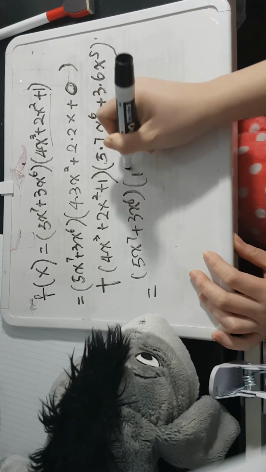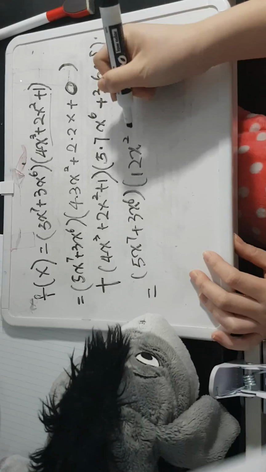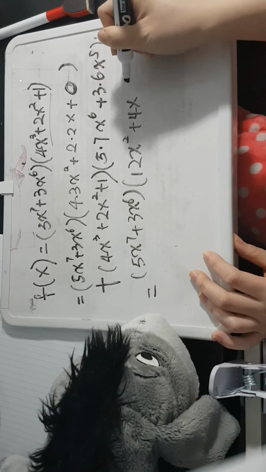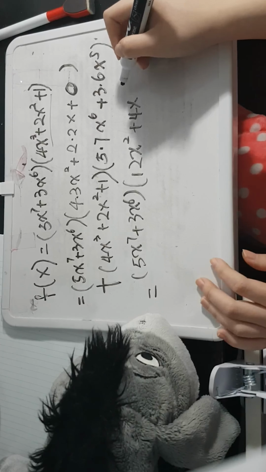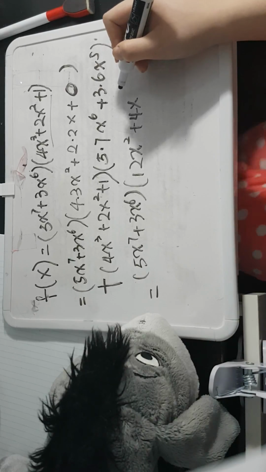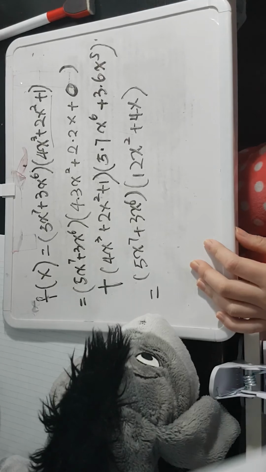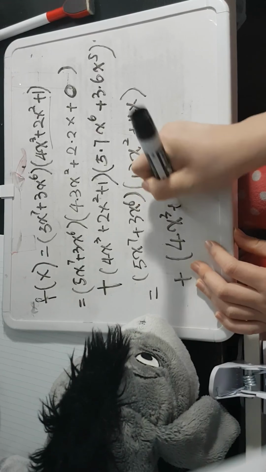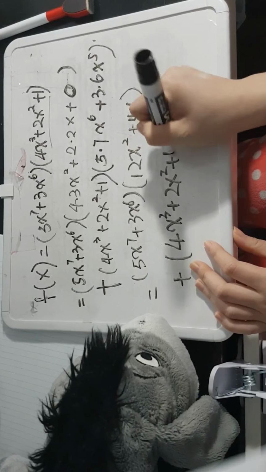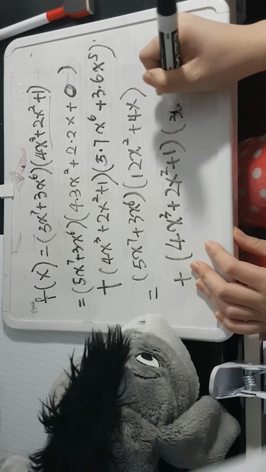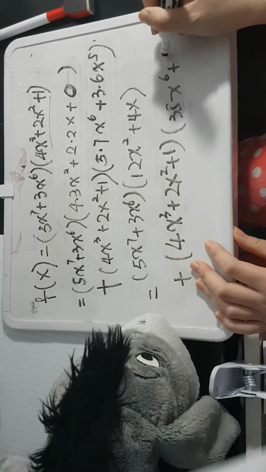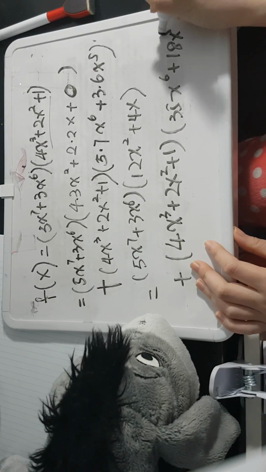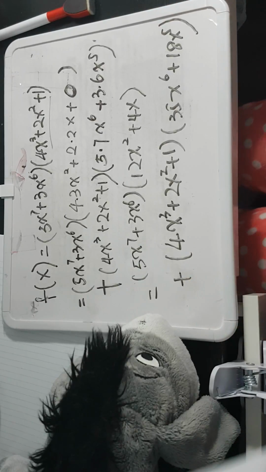So 12x squared plus 4x, plus 0, which we don't have to write down, multiplied by the second function. That's the final answer.